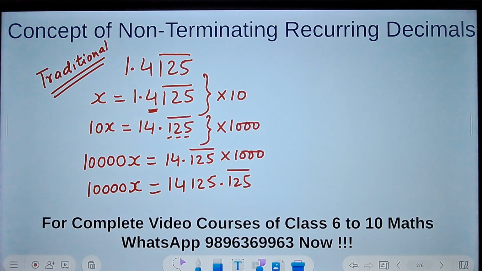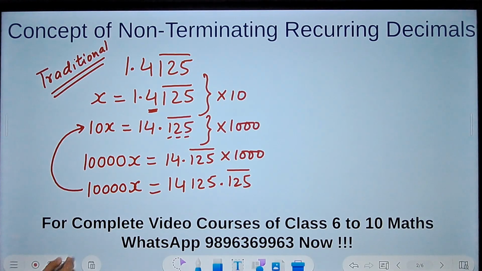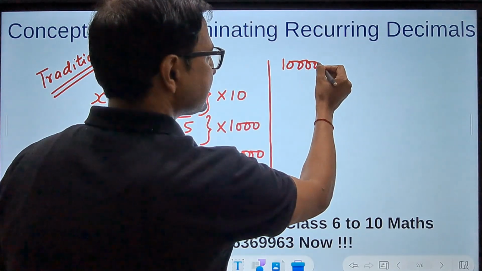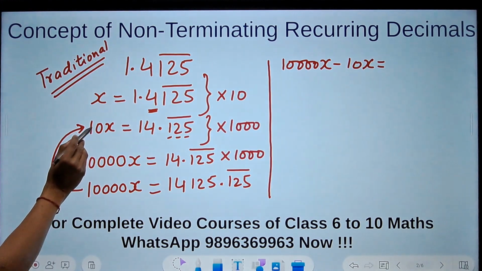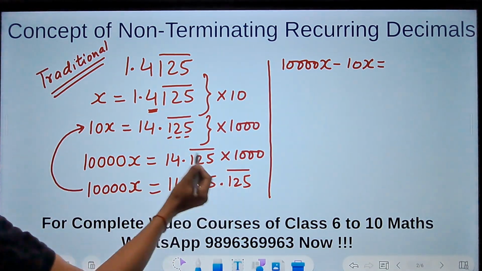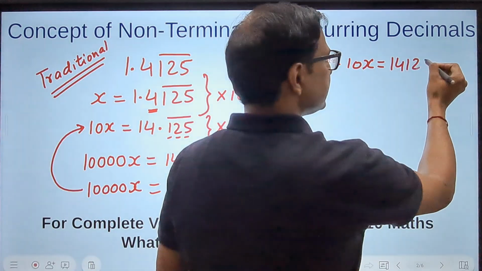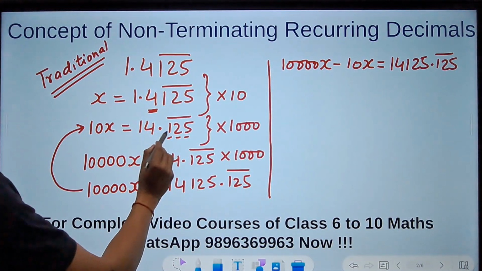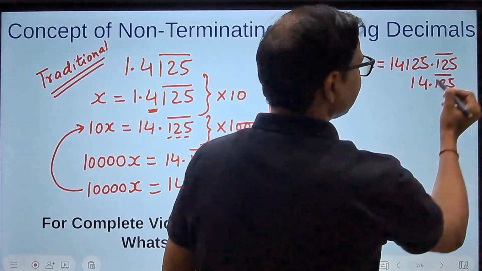Now after doing this, you need to be aware that we have to subtract this equation and this equation. So 10,000x, see the number of steps, 10,000x minus 10x on the left hand side here, and on the right hand side this number minus this number. So 14125.125 bar, and subtract what? 14.125, I'll write it here, 14.125 bar from this.